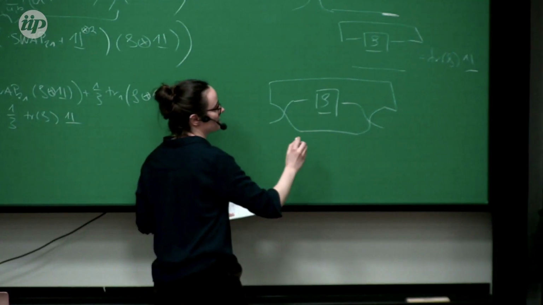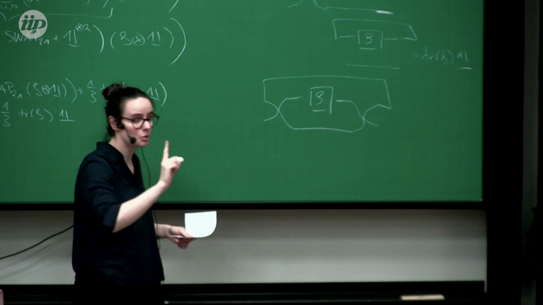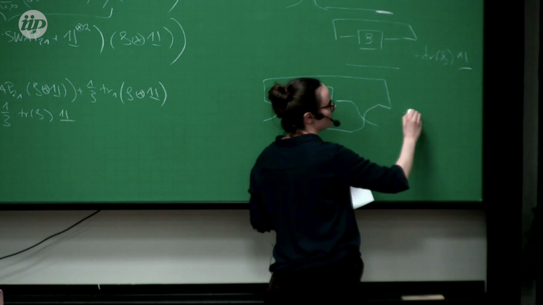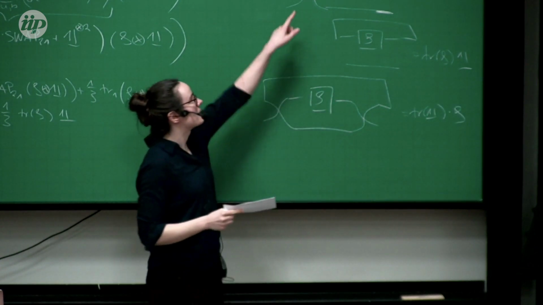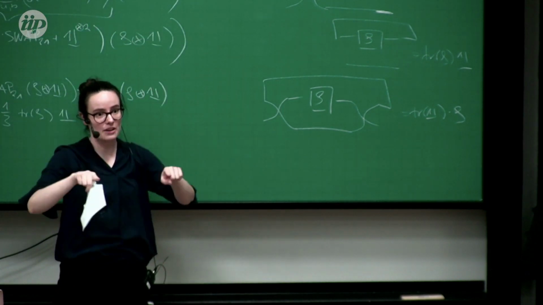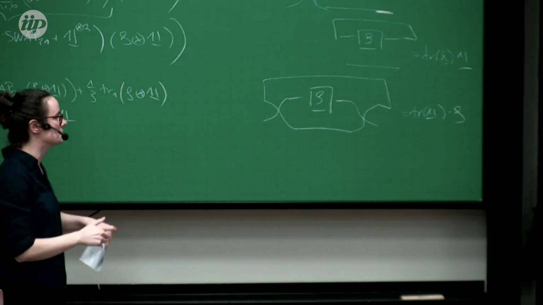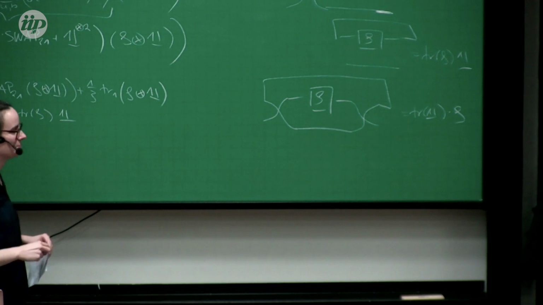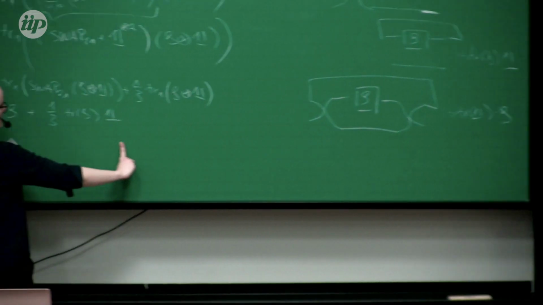Then we would get trace of identity, so a loop, which is 2 times rho. So this diagram would actually be trace of identity times rho. But back here, we are just connecting legs in a funny way, and we don't have a closed loop, which would be a trace of identity. You get that? Cool. But I made this mistake in the beginning too. I was like, doesn't there have to be a 2? Okay. Good. Now we have this expression here.